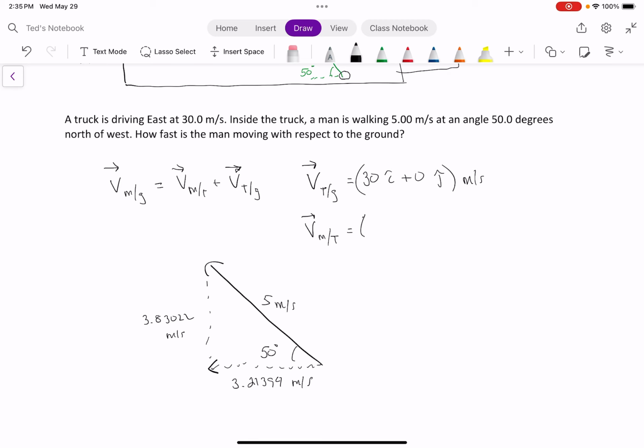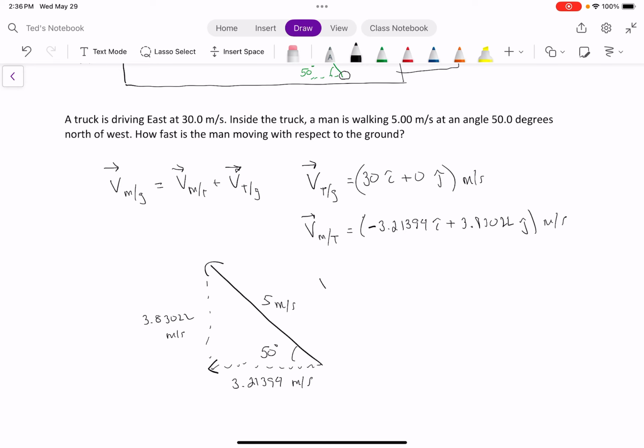So this is going to be negative 3.21394 i hat plus 3.83022 j hat meters per second.